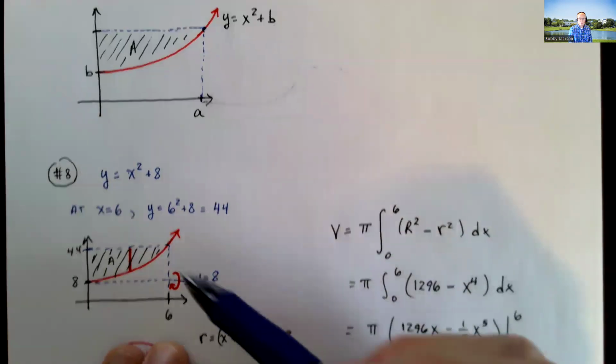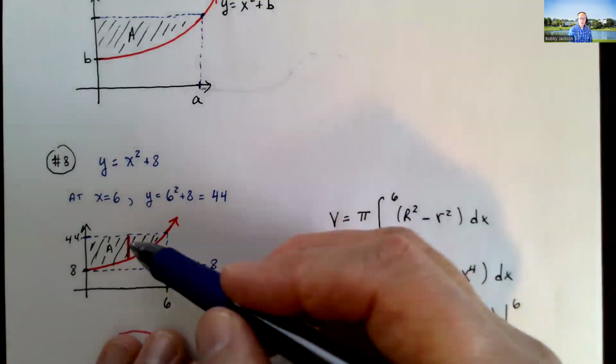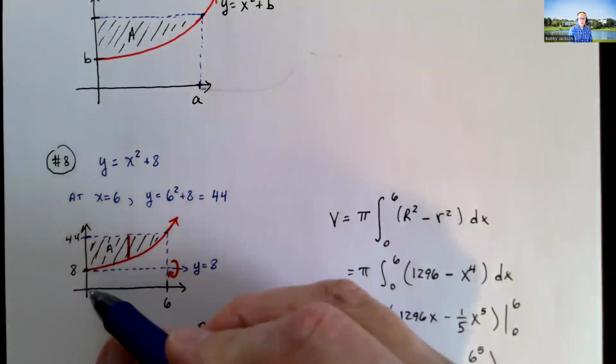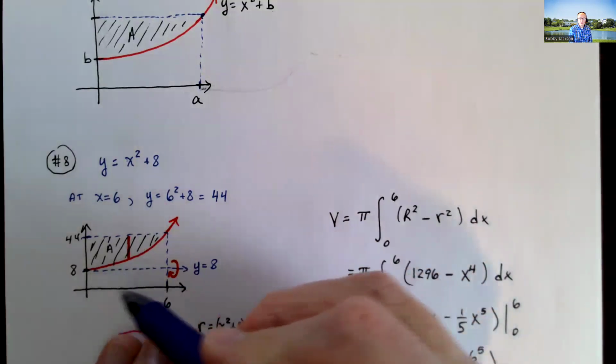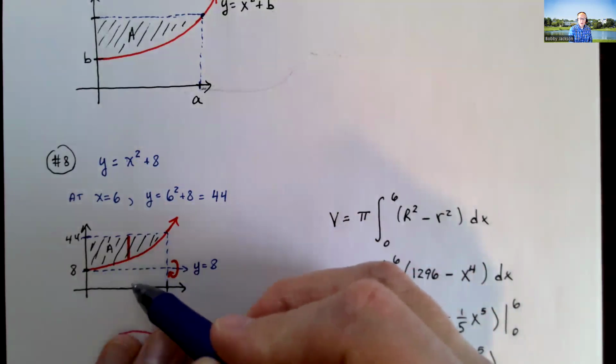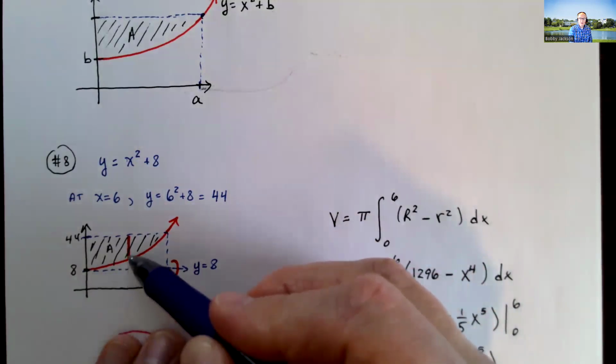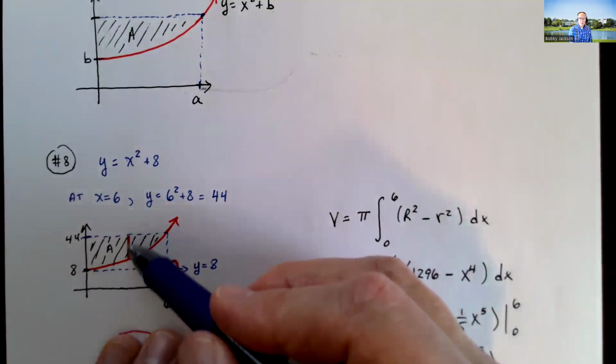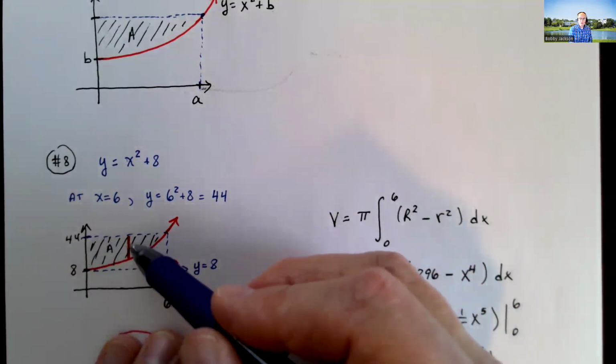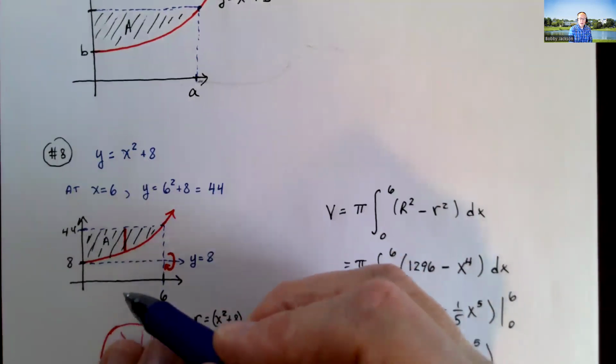Okay, so the way we do this is we're going to integrate from x equals 0 to 6. At an arbitrary distance x here, I will create this rectangle to represent this area of the region A, and then rotate that about this line y equals 8.